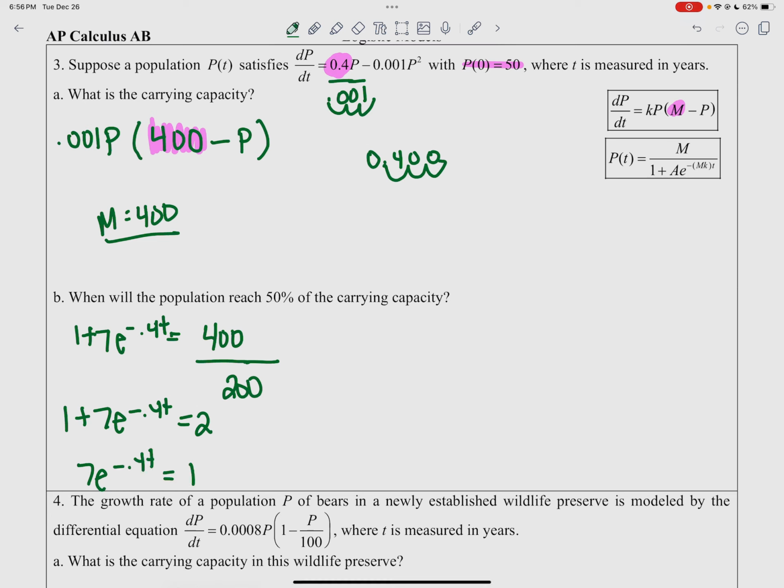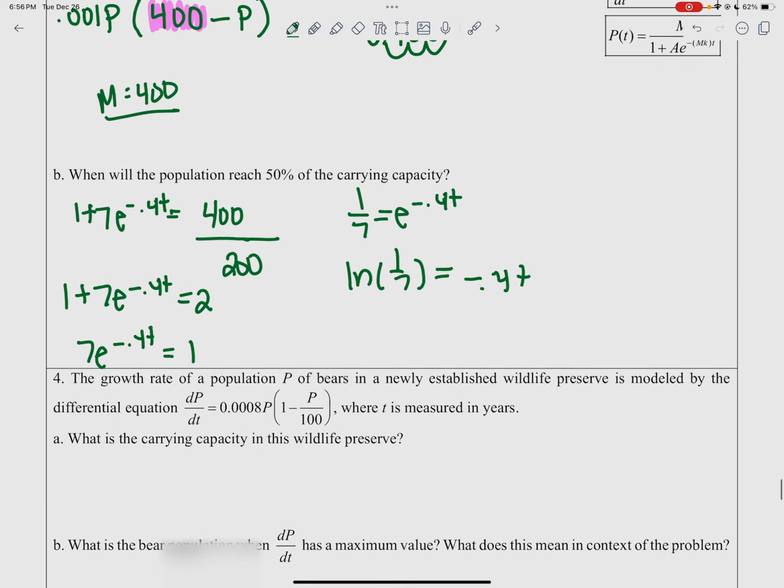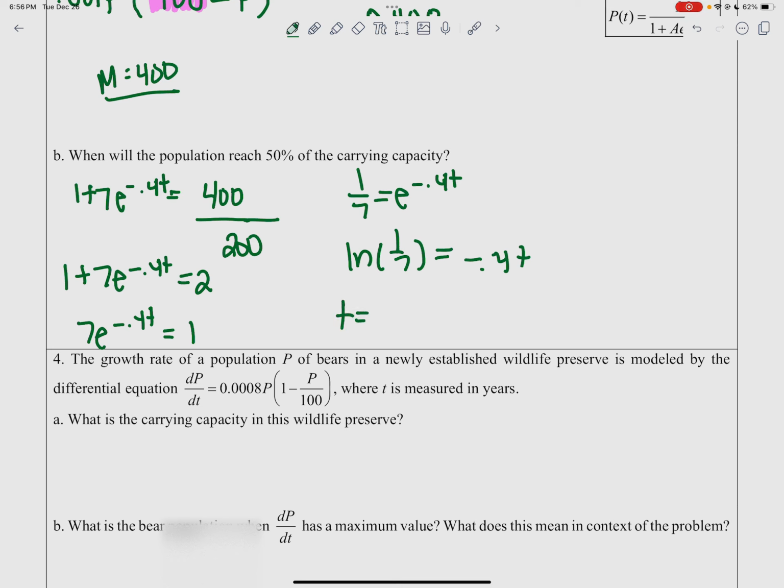Subtract 1, and then divide by 7. Take the ln of both sides, and then divide. So that's going to give me ln of 1/7 divided by 0.4. What is that? I don't know. But you could put that into the calculator.